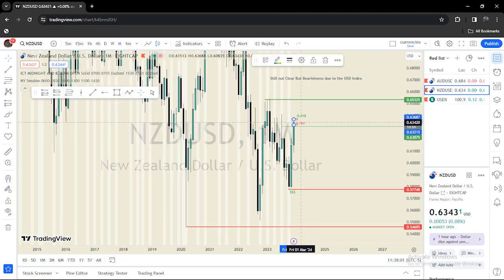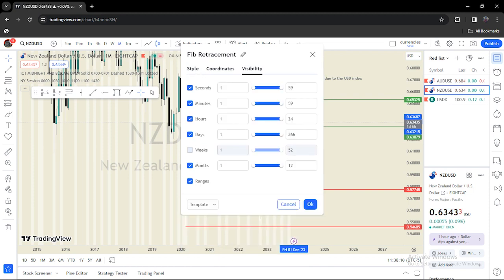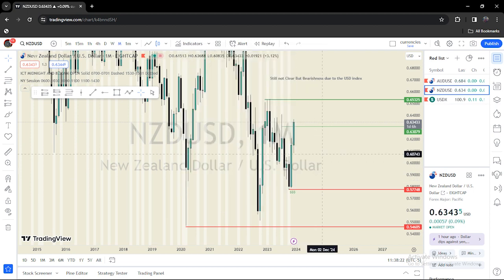I'm just going to remove things on the weekly, the monthly, and the daily. Okay, cool.